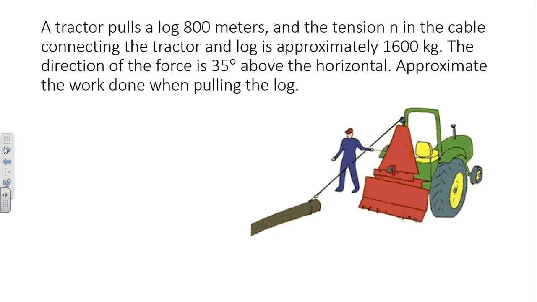So, if we have a tractor pulling a log 800 meters, and the tension in the cable connecting the tractor to the log is about 1,600 kilograms, and the direction of the force is 35 degrees above the horizontal, we want to approximate the work done when pulling the log.